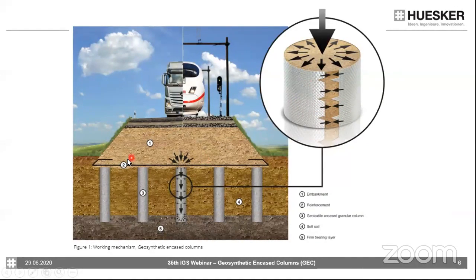On top of this, there is a working platform and a horizontally arranged basal reinforcement, which is normally a high-strength geosynthetic woven. This woven supports the load distribution from the embankment loads as well as the traffic loads, and helps to distribute them to the column heads. And then the loads can be transferred into the bearing soil.